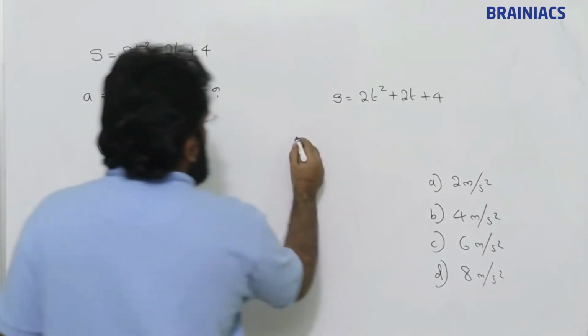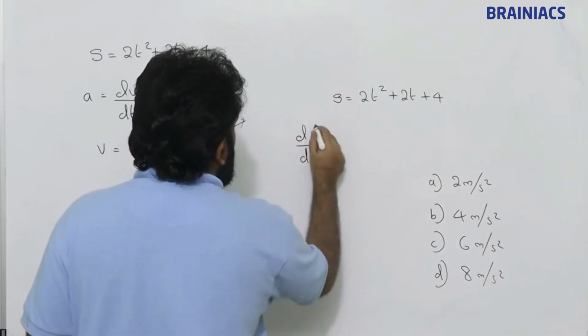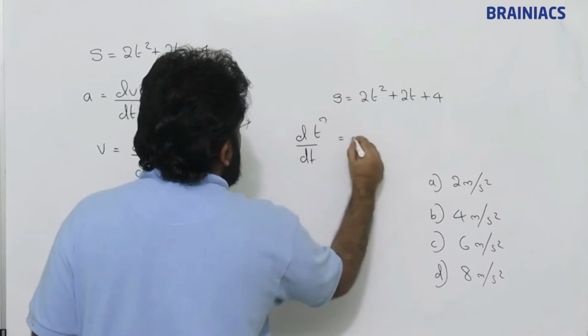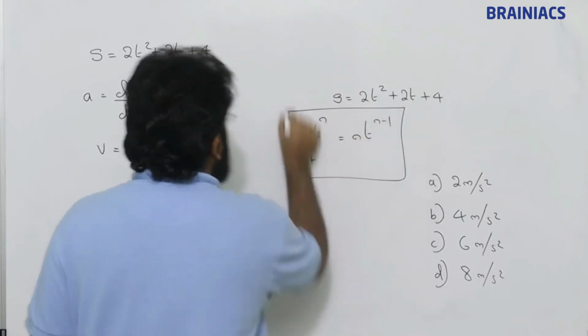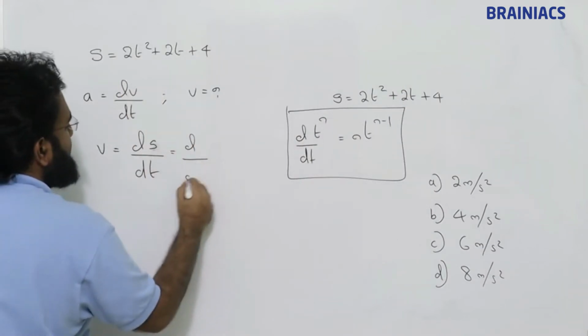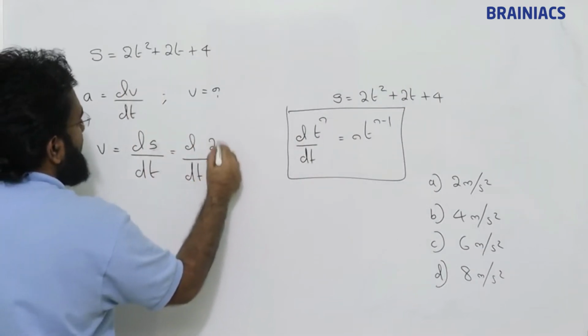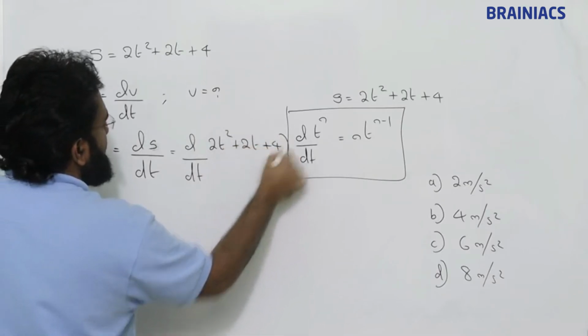We know d by dt of t raised to n is nothing but n t raised to n minus 1. This is the differentiation formula. So that I will apply here. d by dt of 2t square plus 2t plus 4.